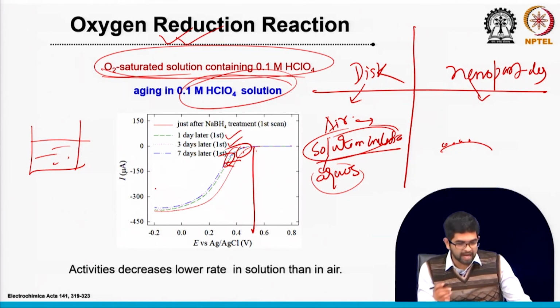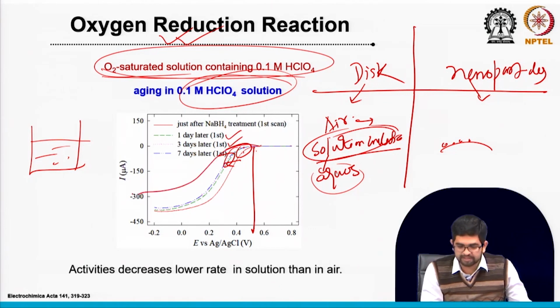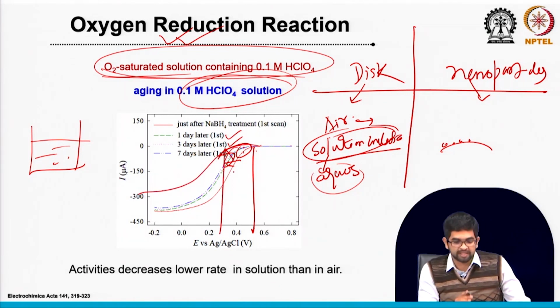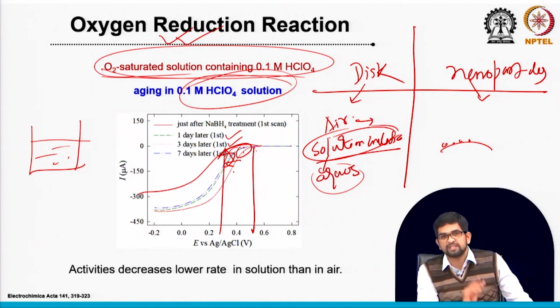But if you go back, in last class I taught you this deactivation up to this much; it started around here, this reduction in the air case. So definitely platinum can show faster deactivation for the oxygen reduction reaction if you store it for a longer time in the air.